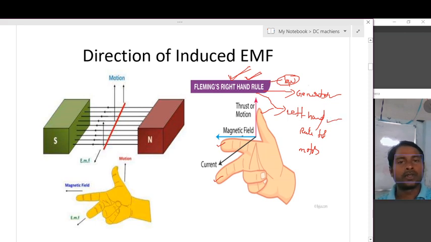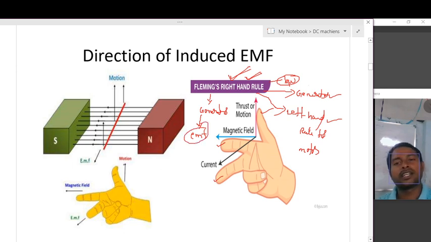I will explain clearly how to express this Fleming's right hand rule. We are discussing Fleming's right hand rule, nothing but a generator. The intention of a generator is to produce the EMF.